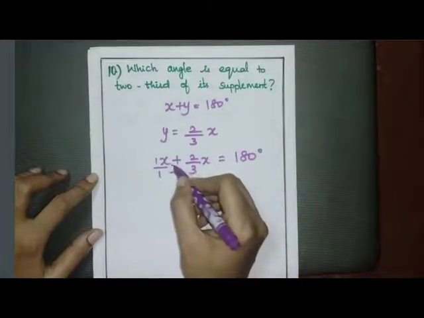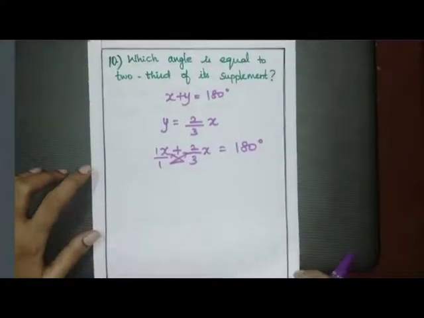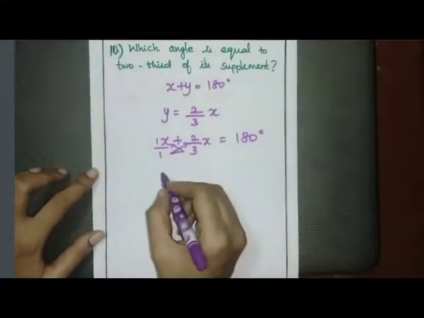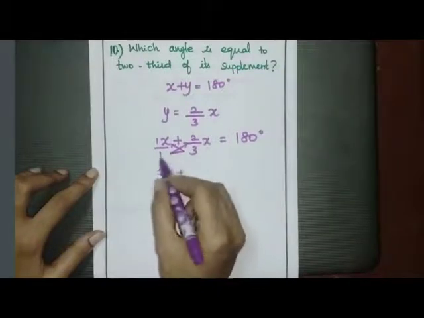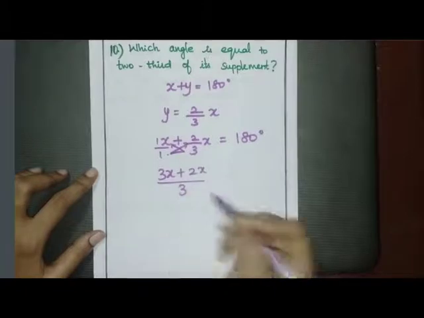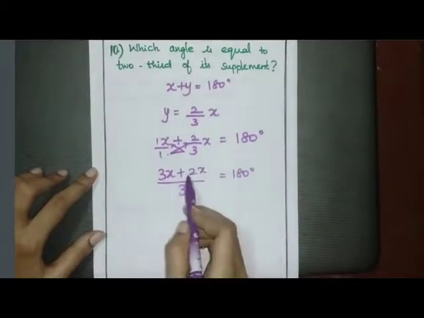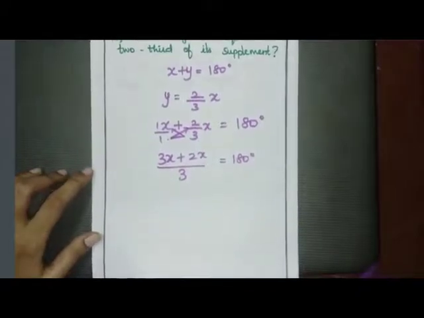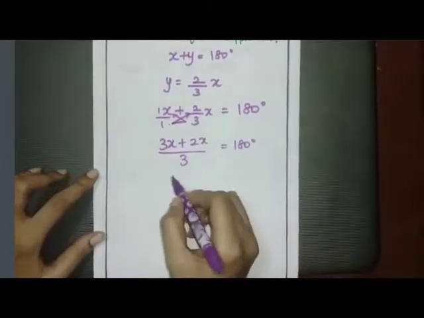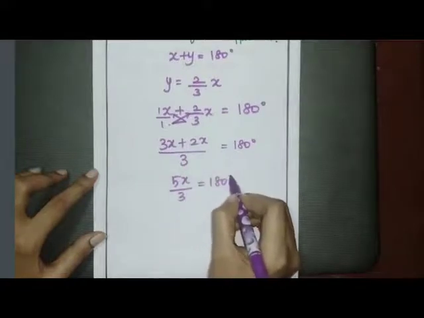You can cross multiply this 3 and this 1, so you can easily find the LCM. 3 1s are 3x plus 1 2s are 2x, by 1 3s are 3, equal to 180 degrees. 3x plus 2x I will get 5x, very good. 5x by 3 equal to 180 degrees.